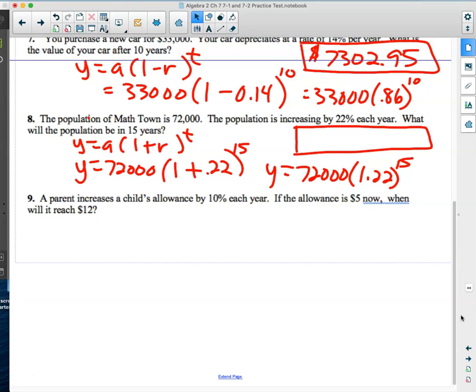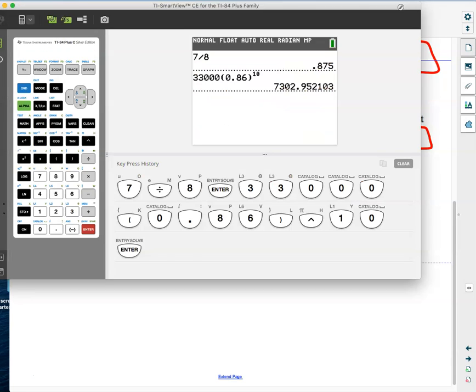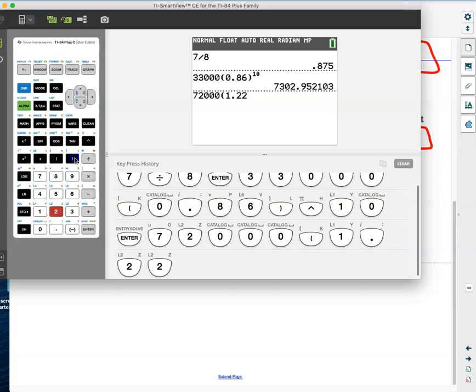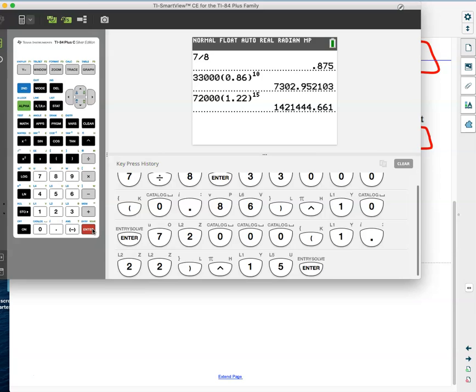But this one is people, and you can't have a half a people, so we're going to have to round to the nearest person. 1,421,445 people. It's a lot of people.